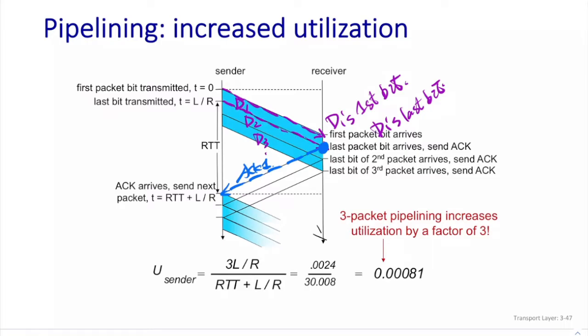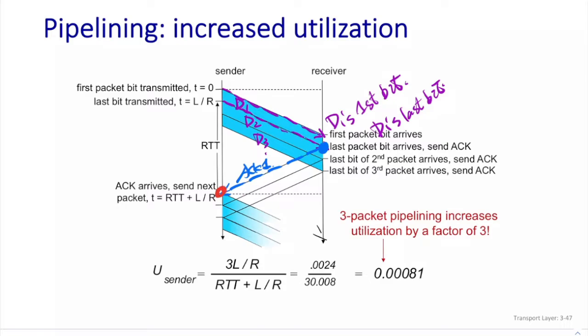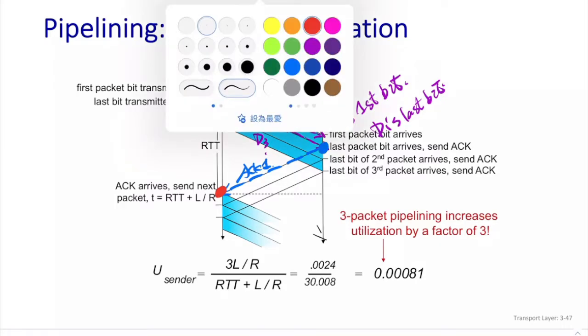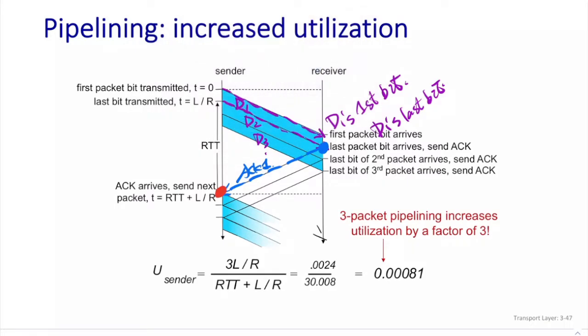Okay, and take a look at this moment. After the sender gets ACK number 1, it can further send the next packet out. So we write it in this way.